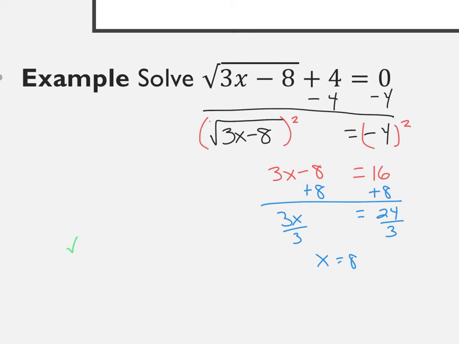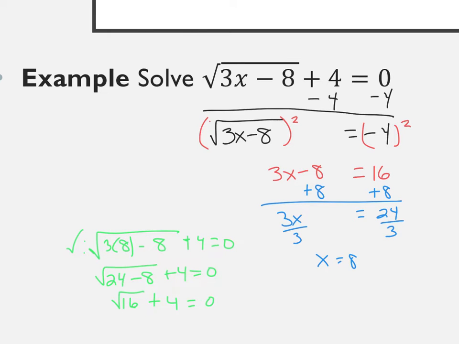Now, when we check for extraneous solutions, we have the square root of 3 times 8 minus 8 plus 4 equals 0, or the square root of 24 minus 8 plus 4 equals 0. Is the square root of 16 plus 4 equal to 0? No, right? Actually equals 8. So in this case, we have no solution.